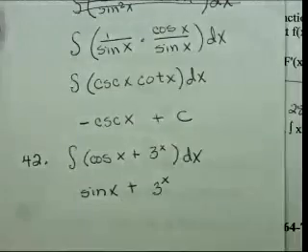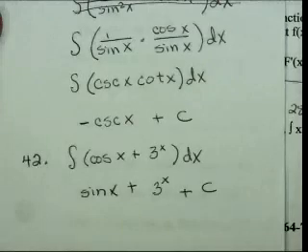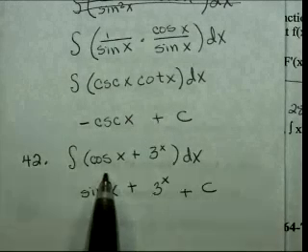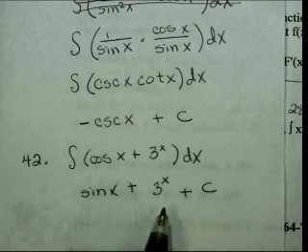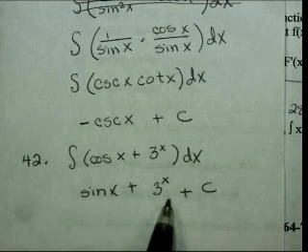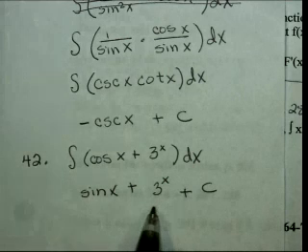Let's say that I think that's my answer plus a constant on the end. If I go to check it, the derivative of sine x is cosine x. So far, so good. But the derivative of 3 to the x is not only 3 to the x, it's also the natural log of 3 multiplied in.